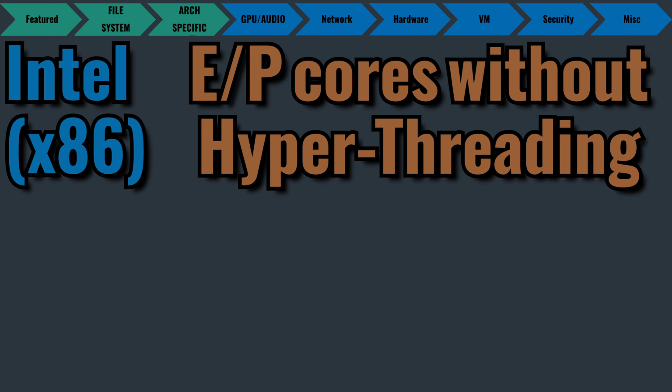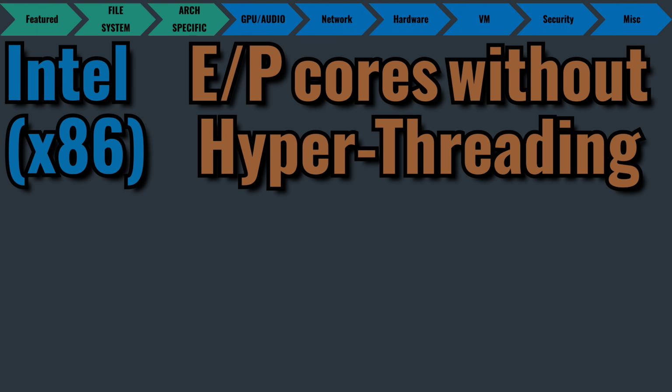Now the scheduler is able to handle and understand those asymmetrical CPUs, because before, for some reason, if you didn't have hyperthreading enabled, your scheduler would not really understand that you had a special Intel CPU with weaker cores that are more power efficient and power cores which are there to, of course, push as much as possible and get the job done.